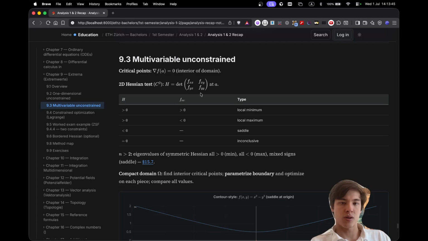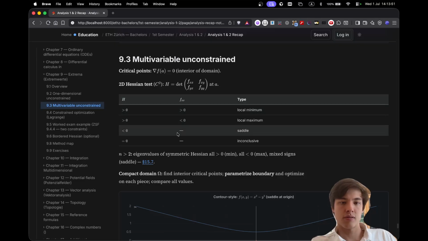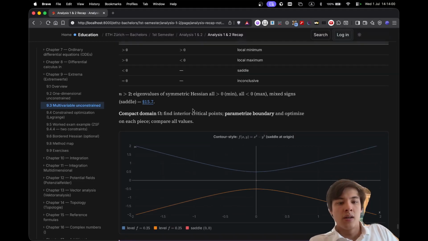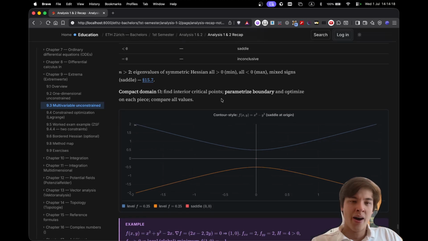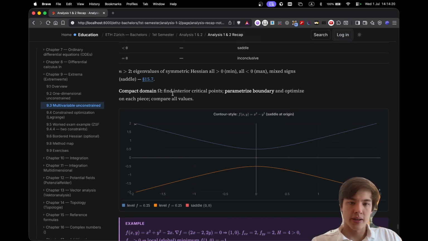So if fxx is positive, both are positive. If this is negative, then most negative. Total it's negative, so this has larger effects at saddle. Yeah, basically we can also check the eigenvalues. Okay, so now find your parameterize boundary and optimize each piece.